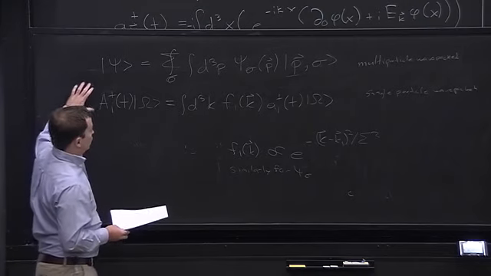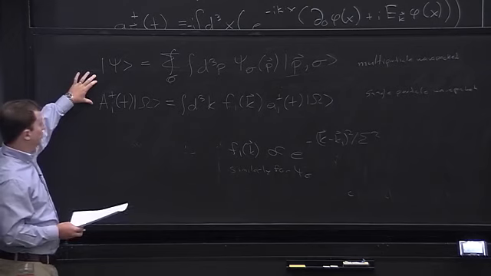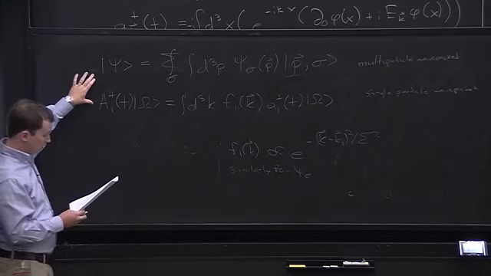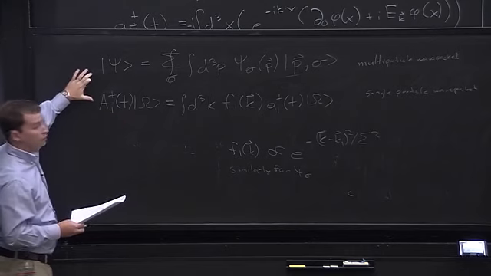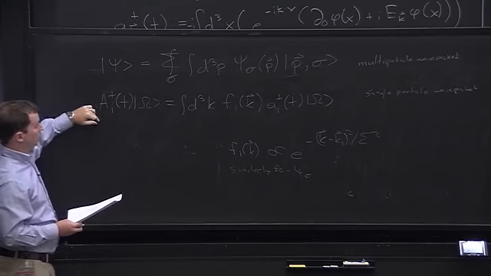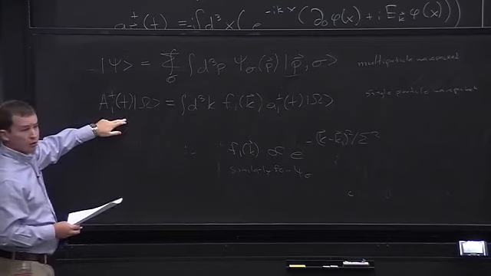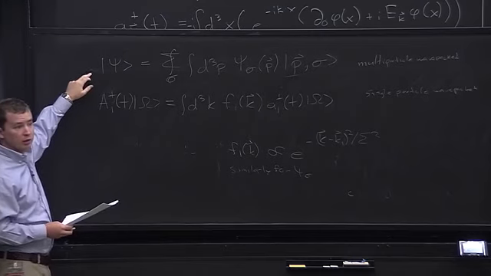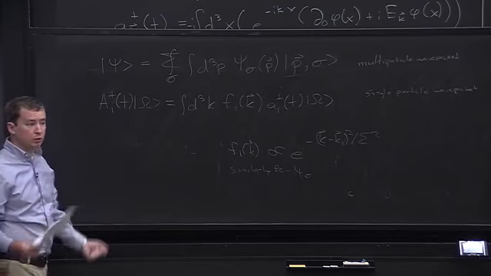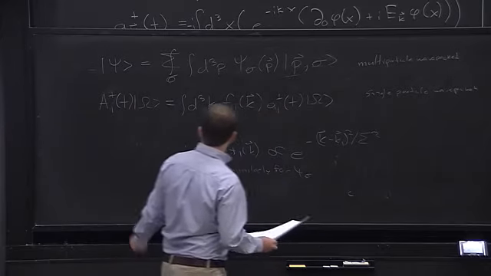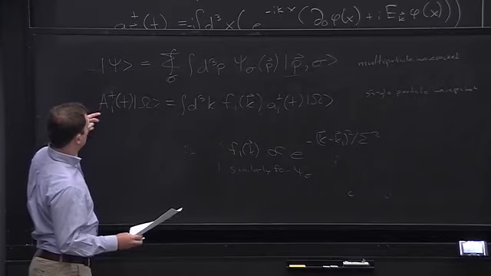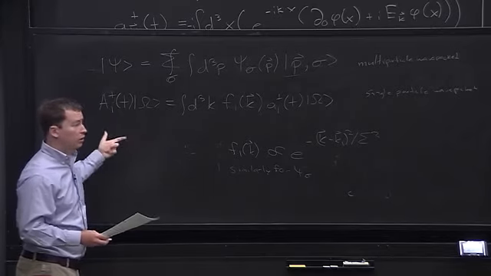And so what we'd like is that the overlap between these two states goes to 0 as t goes to plus or minus infinity. If that's true, then we can at least distinguish a one-particle wave packet from a multi-particle wave packet in the far past or far future, where all of our measurements occur. And in that sense, we can make a statement about what we mean by a one-particle state.